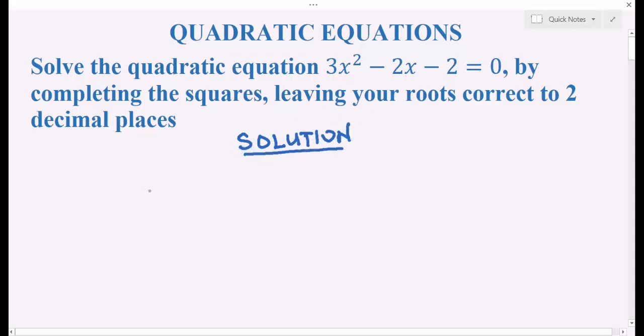It says solve the quadratic equation 3x squared minus 2x minus 2 is equal to 0. Here we have 3x squared minus 2x minus 2 is equal to 0. The first thing we do before we start moving things is to make this equation a standard form.